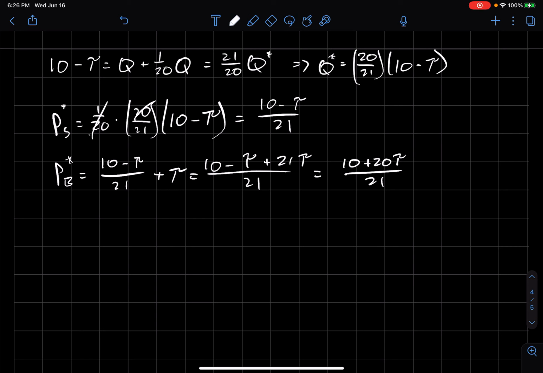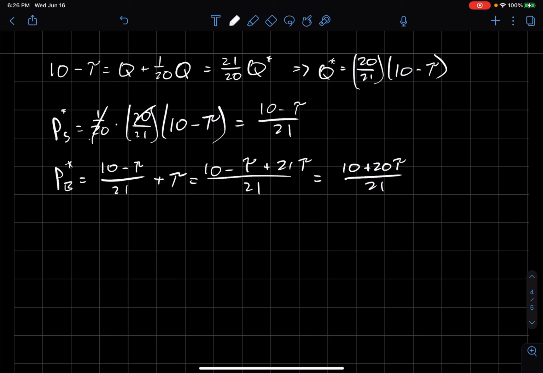And this gives us a pretty nice way of evaluating the incidence of tax, because you'll remember P star was 10 over 21. So we can just see here that the seller's price is going down by some, but not much, and the buyer's price is going up by a lot.